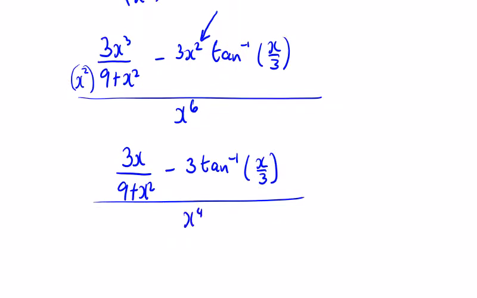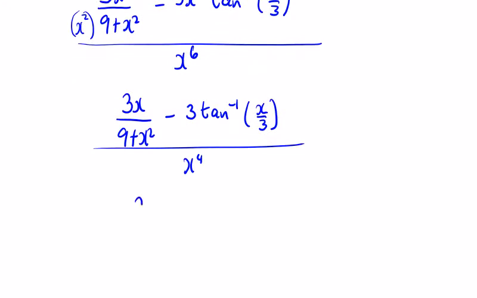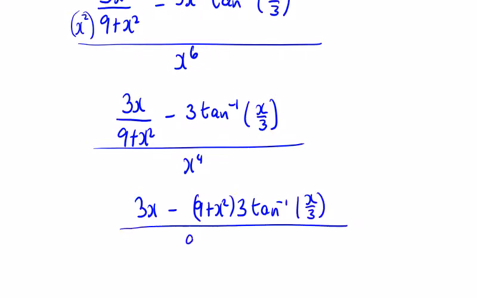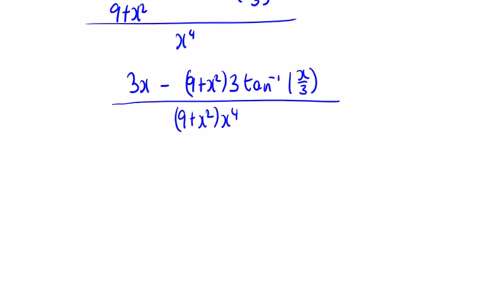So multiplying everything by 9 plus x squared, I'm going to get 3x minus 9 plus x squared by 3 by the inverse tan of x over 3 divided by 9 plus x squared by x to the power of 4. And we could probably leave it like this, but I'm going to multiply the bracket on the bottom and the 3 by the 9 plus x squared.